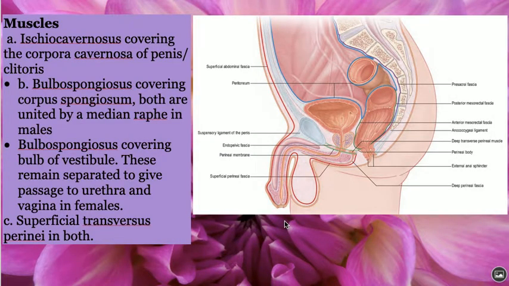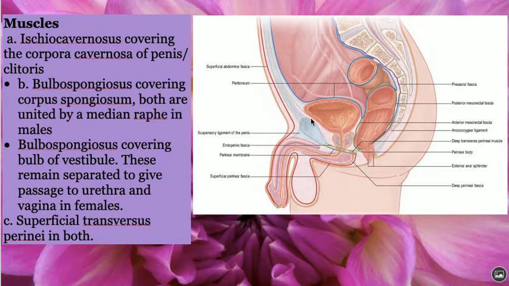Okay, so coming to the muscles of the superficial perineal pouch, we have seen previously it contains the bulbospongiosus, right? The ischiocavernosus and the superficial transverse perineal muscle in both male and female. Ischiocavernosus covers the corpora cavernosa of the penis or the clitoris, right?